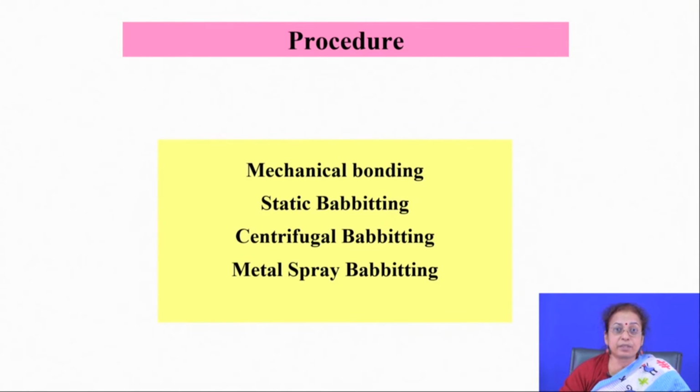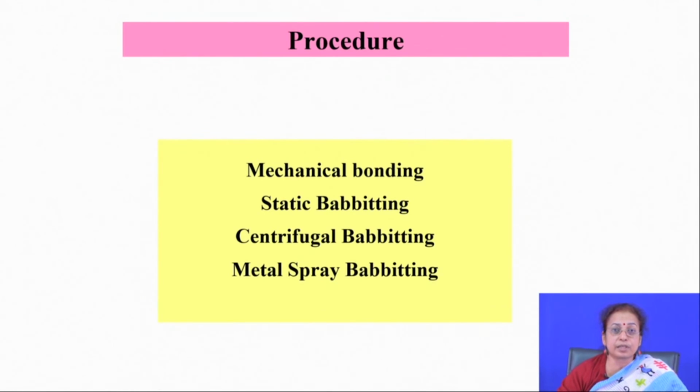And metal spray babbitting is another kind of babbitting where you can do babbitting by spraying it. Usually there are different ways by which you can do spraying. One of the important ways is thermal spraying operation.